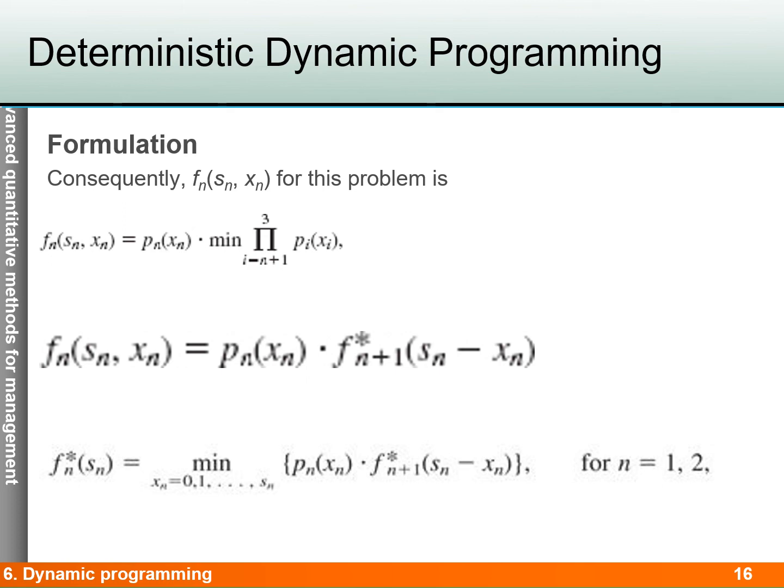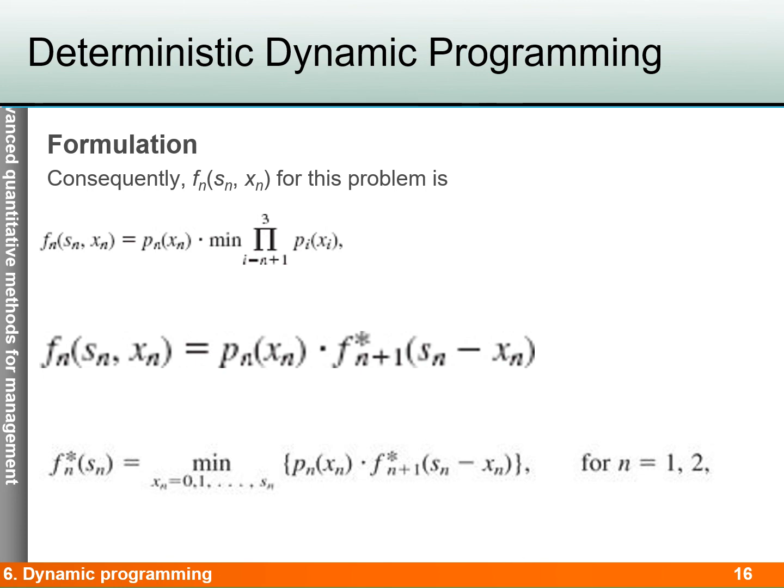So, like the previous example, as you see here, the function of this example is the multiplication of the probability of the failure of this stage n, multiplied by the minimum of what comes from the stage n plus 1, okay? The multiplication of the previous stages. So if it's one stage, it is one of them. If it is 2, it is the multiplication of 2, okay?